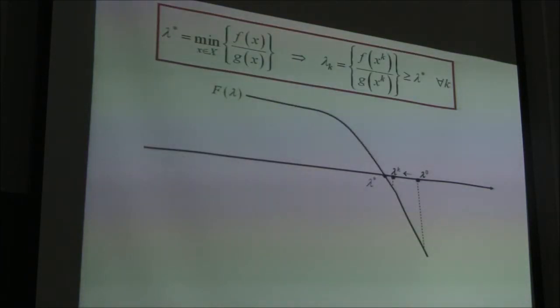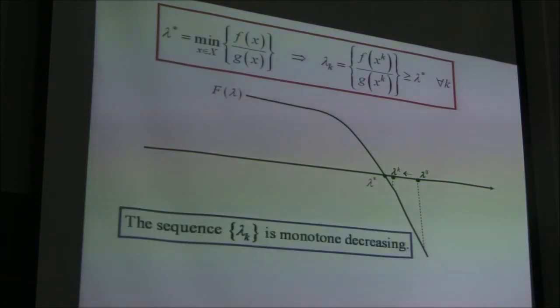Okay. If we look at how the procedure is going, you see that since the lambda k are the ratio of f over xk, and lambda star is the minimum when you take over x over this ratio, then the lambda k that you get are on the right-hand side of lambda star.